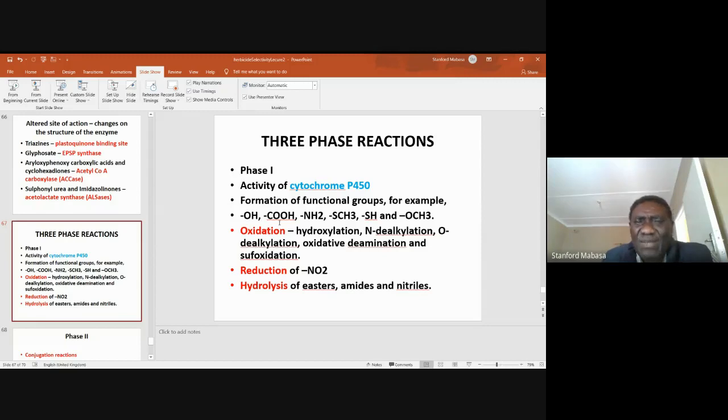With phase 1, we talked about the activity of cytochrome P450, how it enables the formation of functional groups, which are OH, COOH, NH2, SCH3, SH, and OCH3. Remember, it is these functional groups which are required in phase 2.